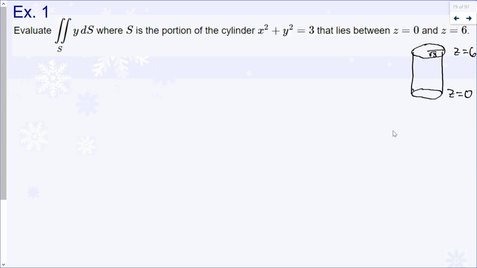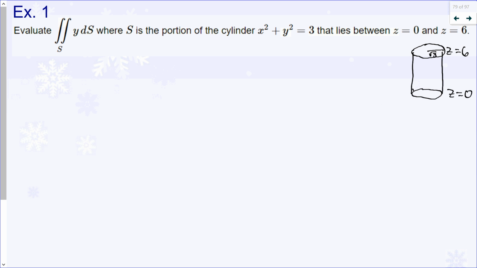So we have x squared plus y squared equals 3, so that's that circle, and it gets repeated from z equals 0 to z equals 6. So from the xy plane through 6 units above the xy plane.